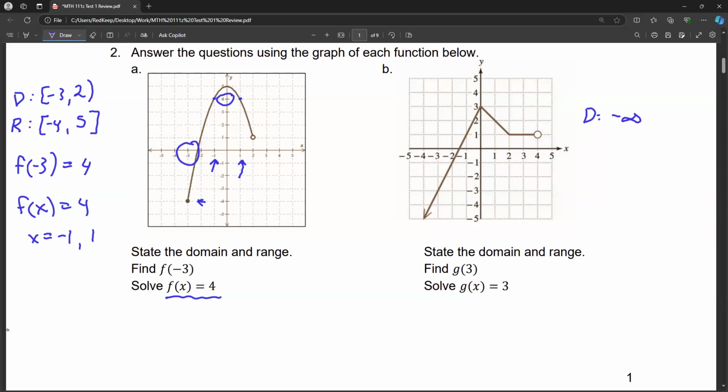And whenever we have -infinity or +infinity in our interval notation, we want to make sure that we always use rounded brackets, because we can never actually equal infinity or -infinity.